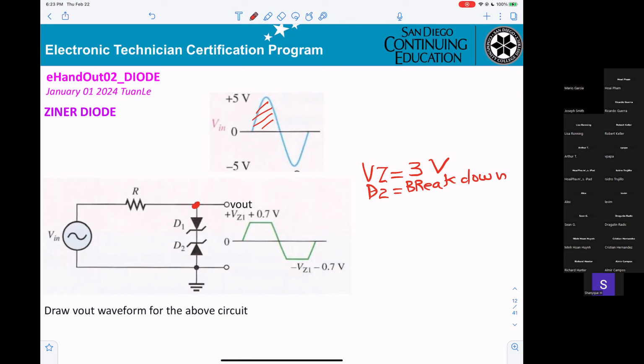Okay, D2 breakdown. That means you can get 3 volt here.